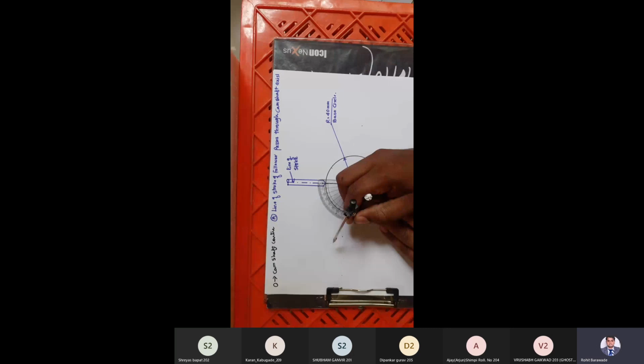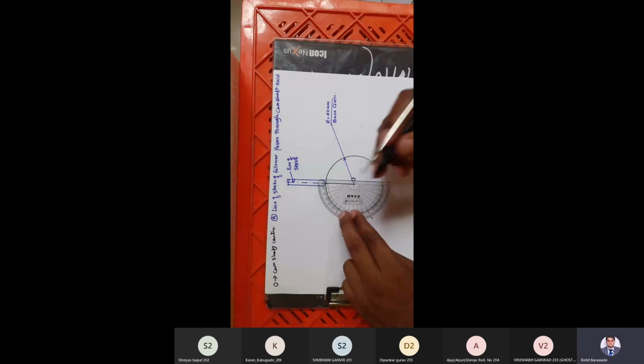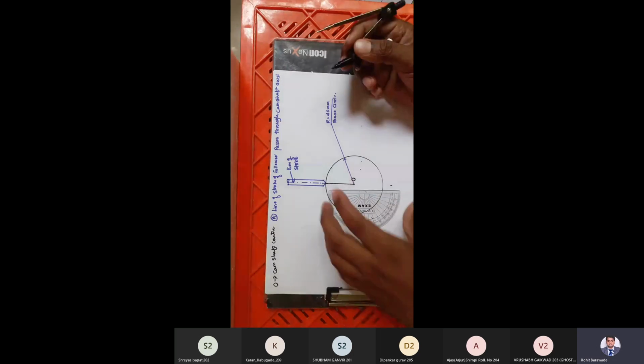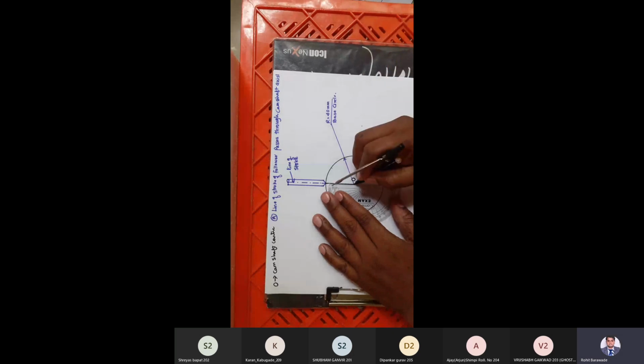So it is 90 degree, then 30 degree is for dwell period, and then 60 degree, right? And then rest period is a dwell period, right?